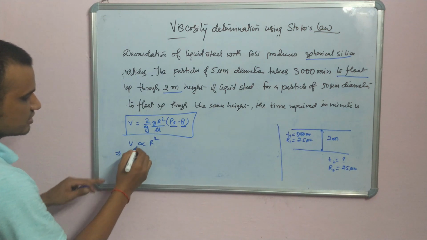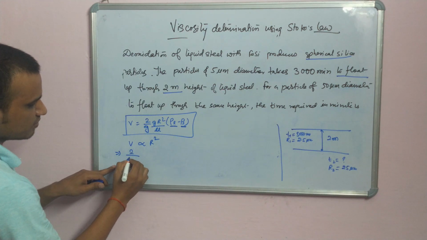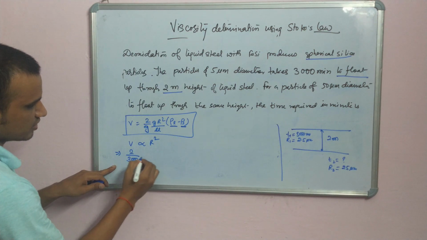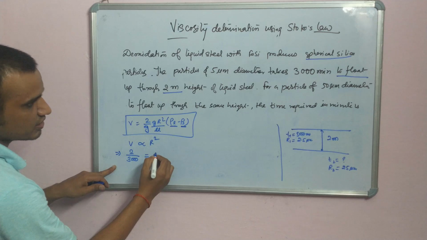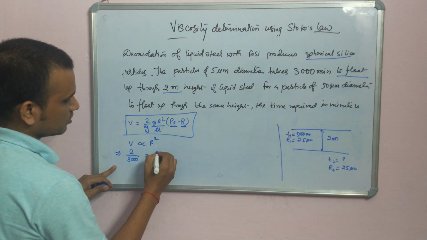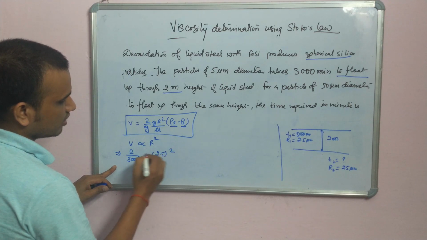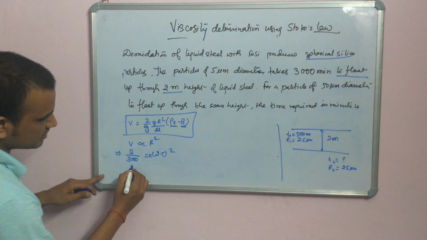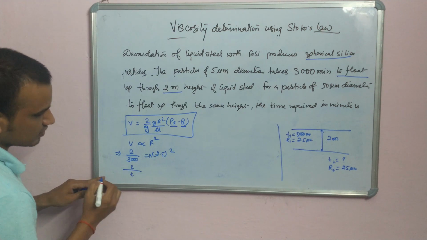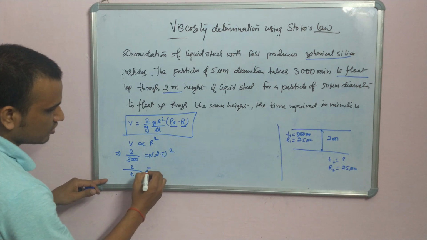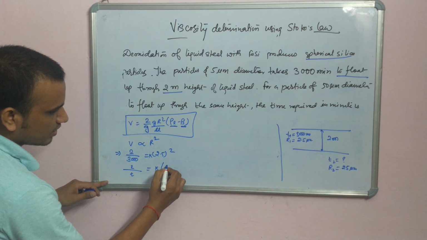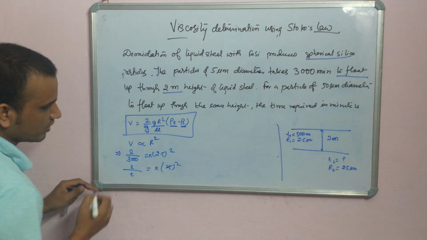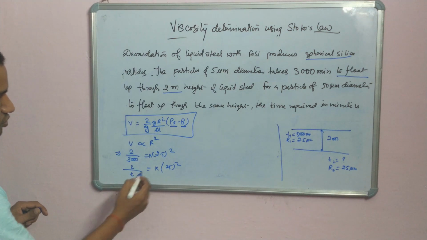In the first case it is 2 meter by 3000 minutes, so we can equate it with r1, that is 2.5 square, with some k value. In the second case it will be 2 divided by the time that we need to calculate, equal to k value times 25 square. Let us divide both equations.